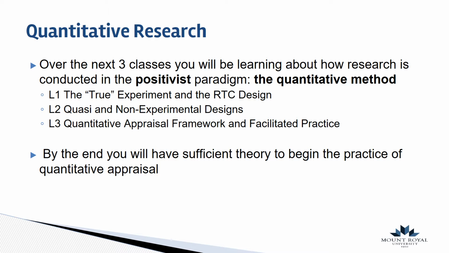We're going to look at something called quasi-experimental and non-experimental designs. And then we'll look at the quantitative appraisal framework and facilitated practice. And that will be the third class, where we'll actually appraise an article together. So by the end of those three classes, you'll have sufficient theory to begin the practice of quantitative appraisal.